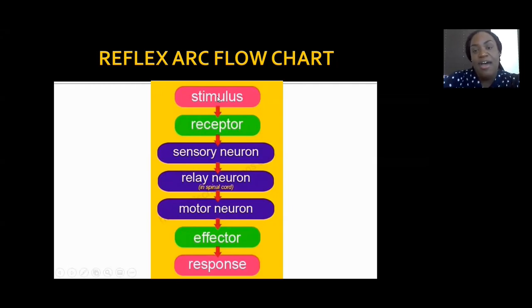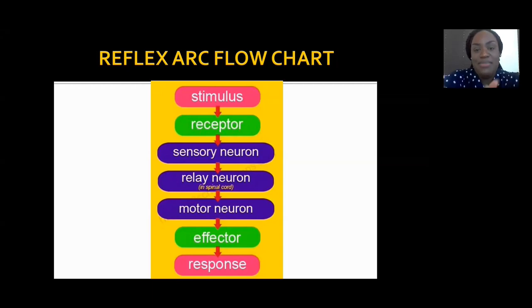The very first thing is the stimulus, the thing in your environment that brings about a response. In our two examples, the stimulus was pain from a prick and pain from touching a hot candle.